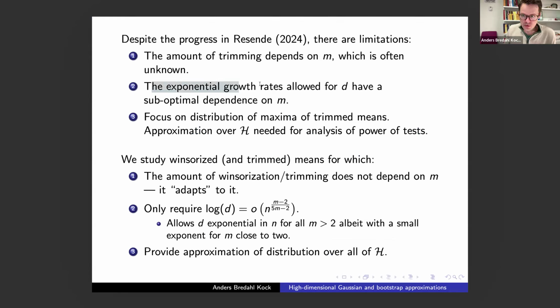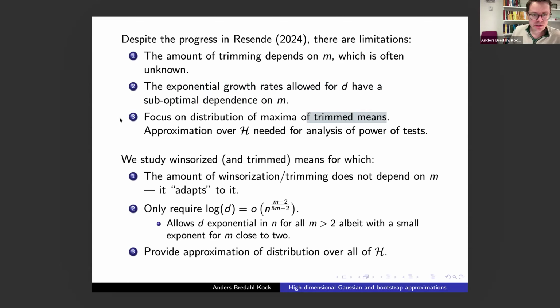Furthermore, the exponential growth rates of dimension have a suboptimal dependence on m, and Resende focuses solely on the distribution of maxima of trimmed means. Now, to use these Gaussian approximations to derive power properties of ensuing tests, one needs Gaussian approximations over the full family of hyperrectangles and not only for the maxima themselves.